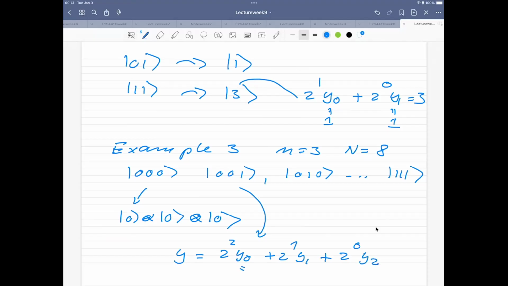So in this case, this is equal to 0, this is equal to 0, and this is equal to 1. So that gives us simply state 1. So it means that this state is then mapped into state 1. This is mapped into state 0. And you will then see that when we proceed, the final state will just be state 7. Okay.